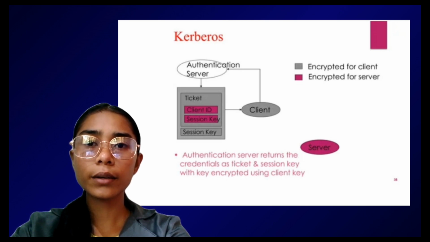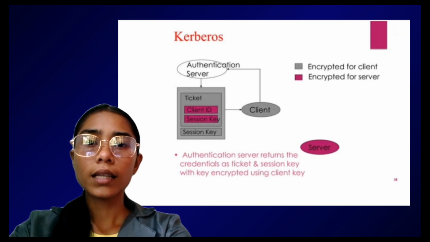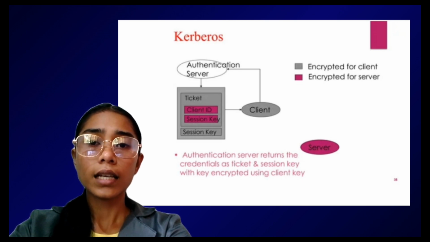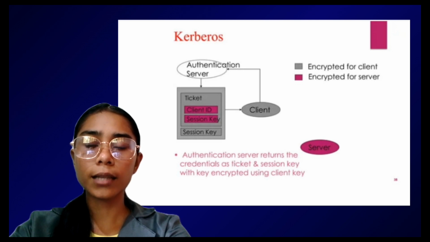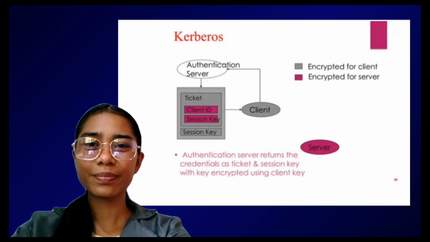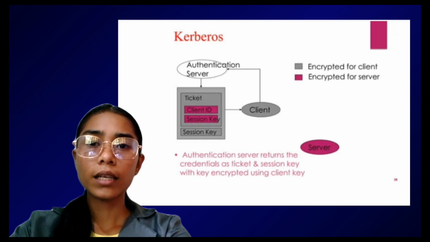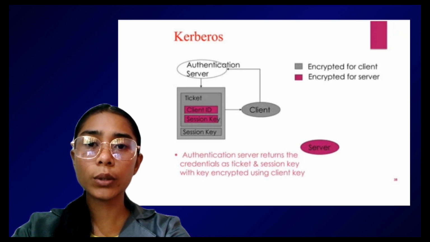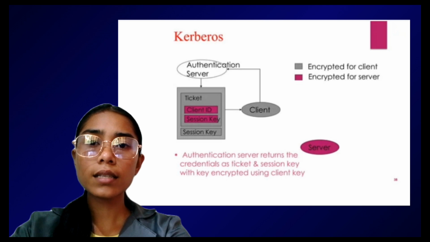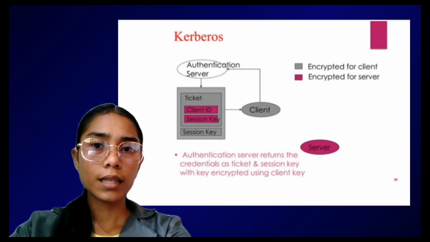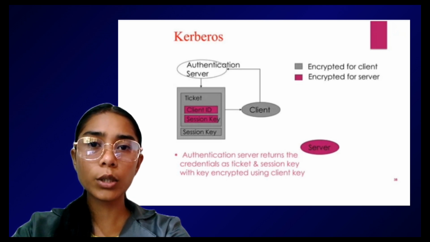Third, ticket granting. The authentication server, after verifying the client's identity, issues a ticket granting ticket, or TGT. Requesting a ticket: the client then uses the TGT to request a ticket to access the specific server it needs. This request is sent to the authentication server.